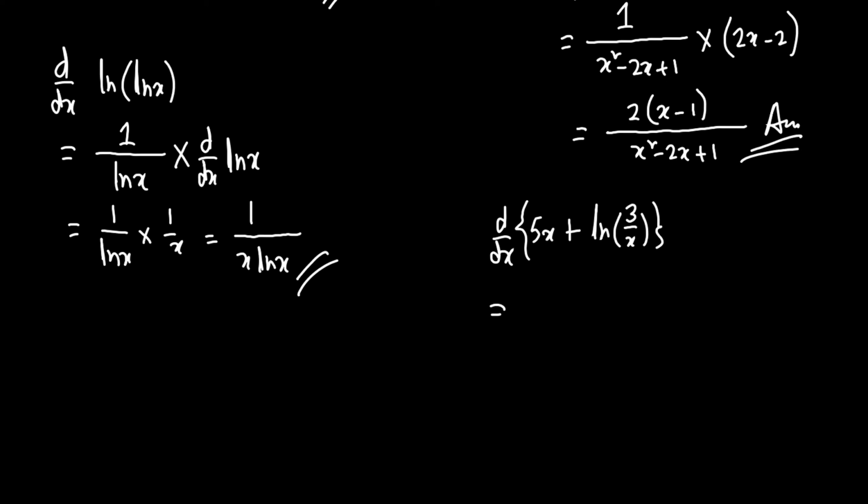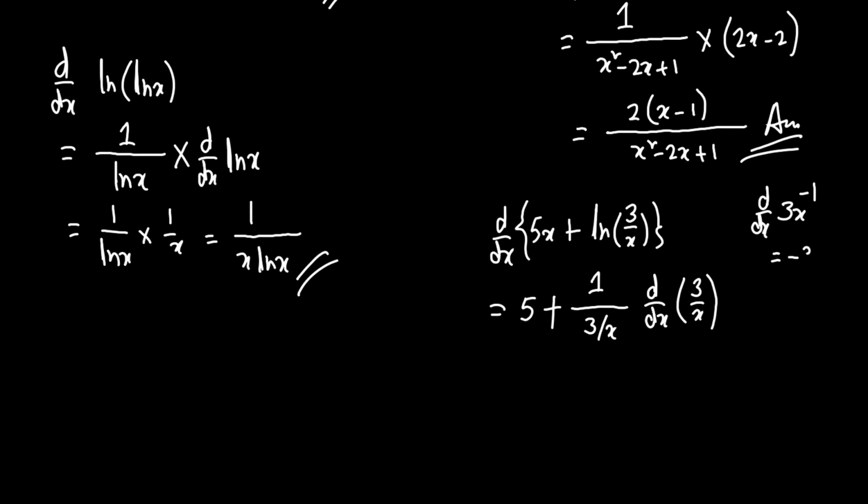From the 5x if we differentiate we get only the 5, and from the second part of the differentiation we get 1 by 3 over x, and we need to write d by dx of 3 by x. So 3 by x if we differentiate, we can write it 3x to the power minus 1, and d by dx of this we get minus 3 x to the power minus 2, which is minus 3 by x square.